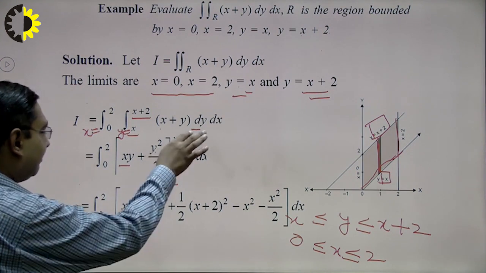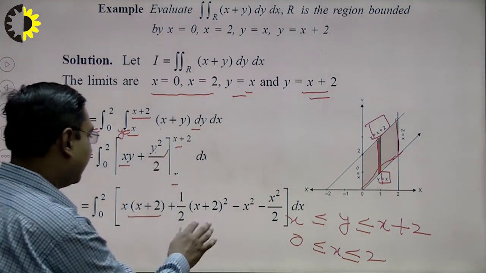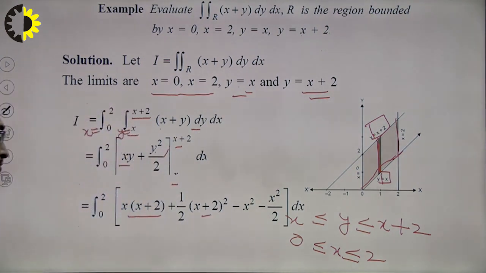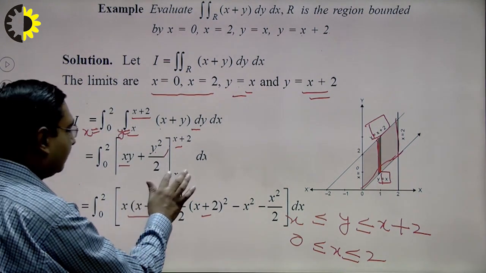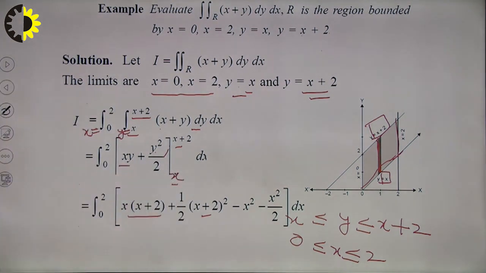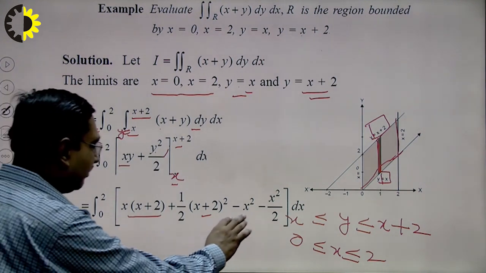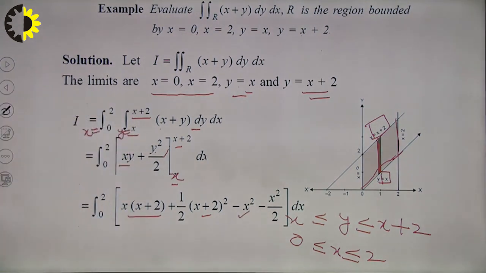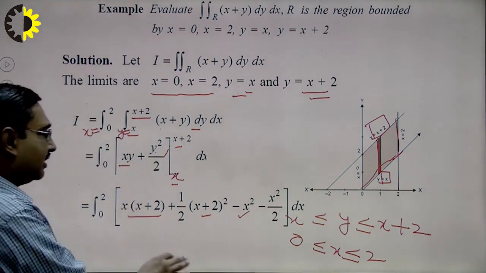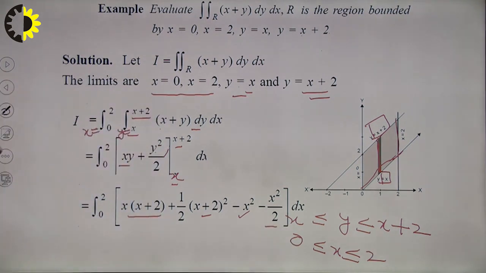Then this y will be replaced by x plus 2, it will be half x plus 2 whole square. Then this y will be replaced by x, it will become x square, with a minus sign due to the lower limit, and this will give minus x square upon 2.